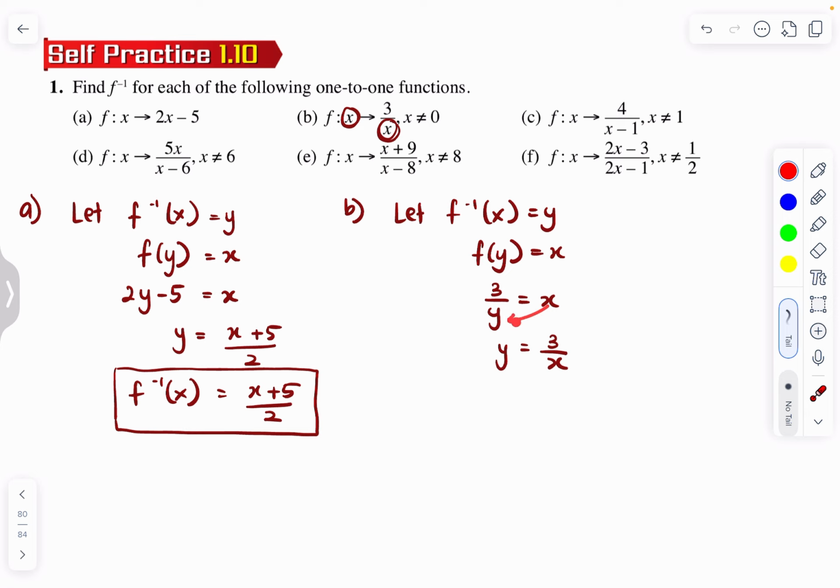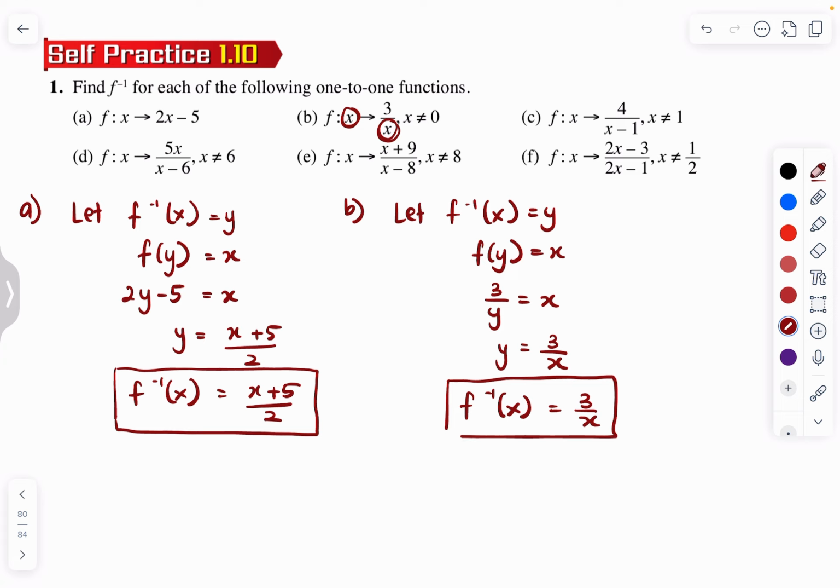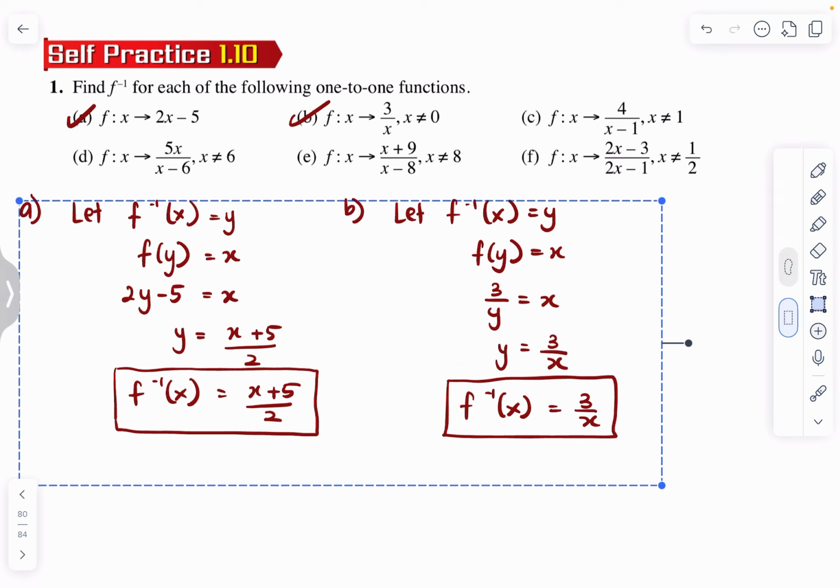So x we bring here, y we bring up. So f inverse x equals 3 over x as well. So here our f of x and f inverse x are the same. f of x is 3 over x, f inverse x is also 3 over x. Okay, A and B done. Let's try C.